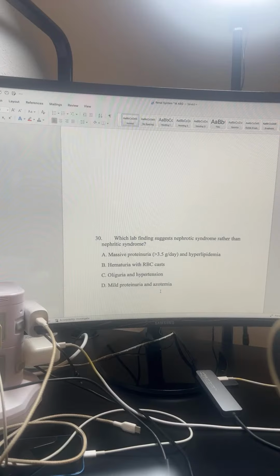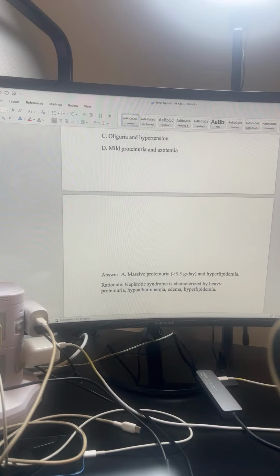So which lab findings suggest nephrotic syndrome rather than nephritic syndrome? All right, so I see A. Massive proteinuria and hyperlipidemia.